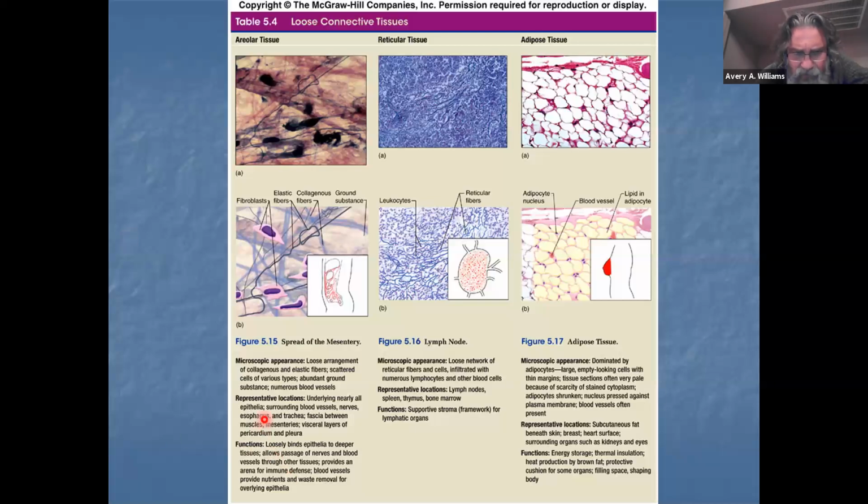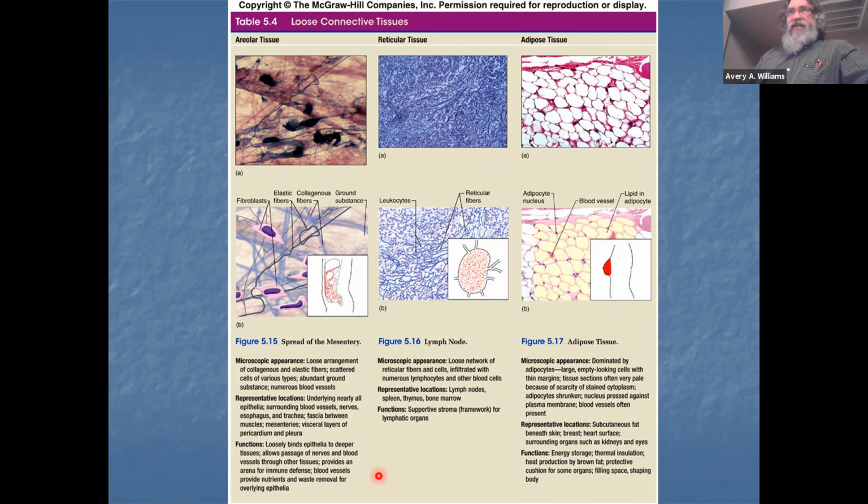I wonder if they have that written down here somewhere. You'll see it maybe somewhere else. I don't see it. In lecture, in lab, we talk about it a couple of times. But lamina, that's Latin. And I don't know why they call it the lamina propria. Lamina means like layer.